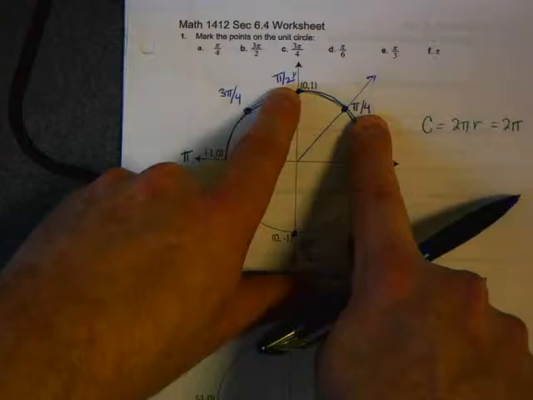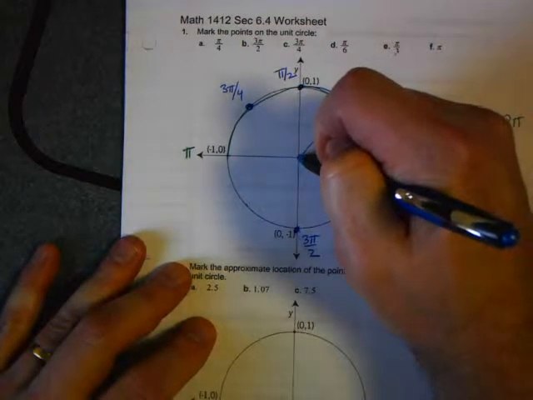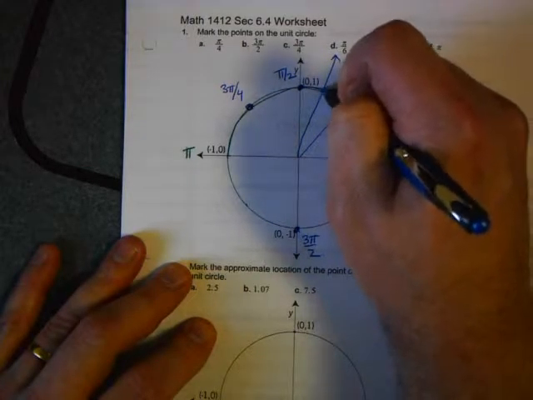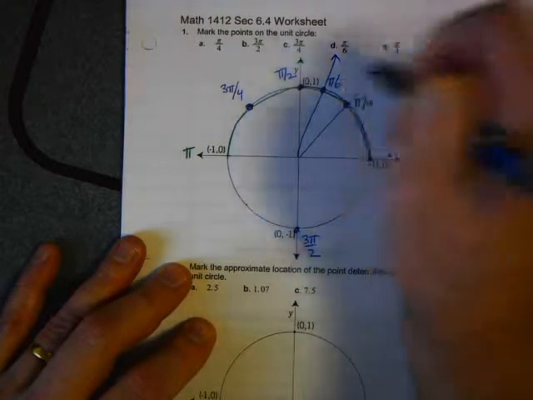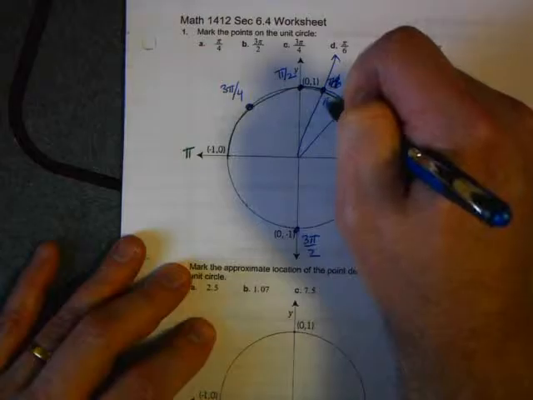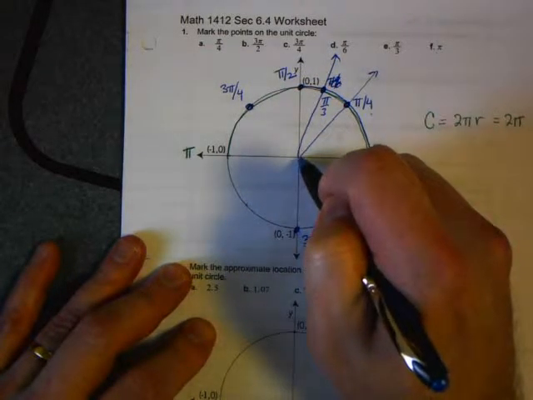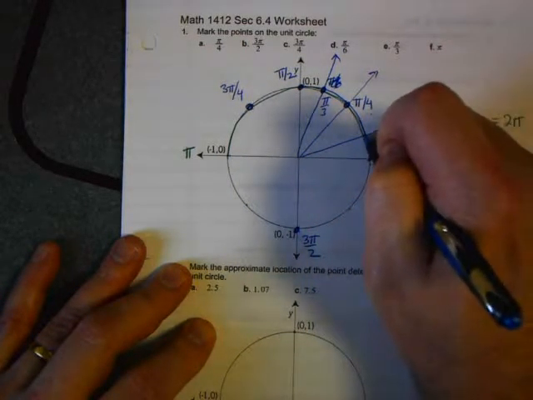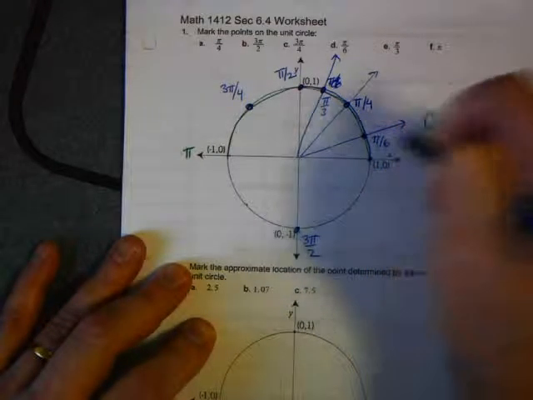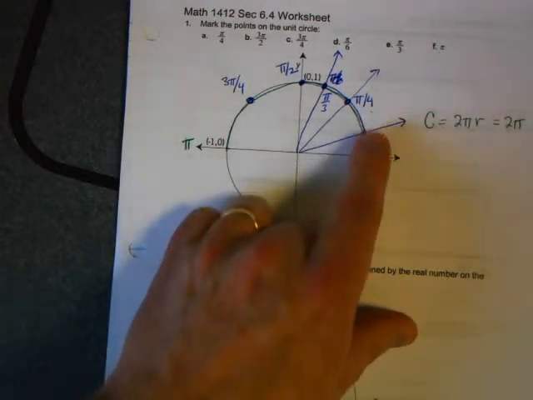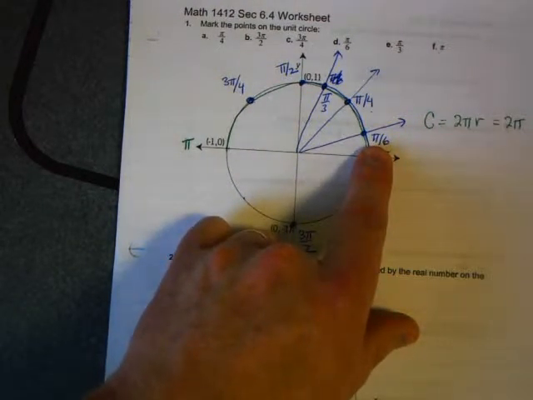What happens if I then divide by 3? You get something in between. So pi over 3 is somewhere in between over here. And by the same argument, pi over 6 would have to be down here somewhere, wouldn't it? Because if I divide by 6, that's going to be smaller than when I divide by 4.